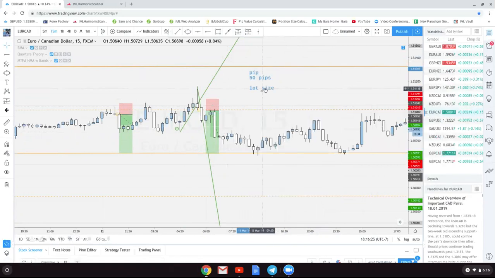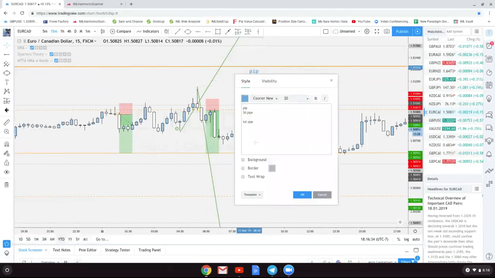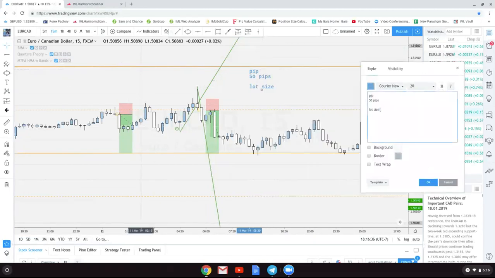Okay. So total 50 pips. Lot size determines how much per pip is worth.